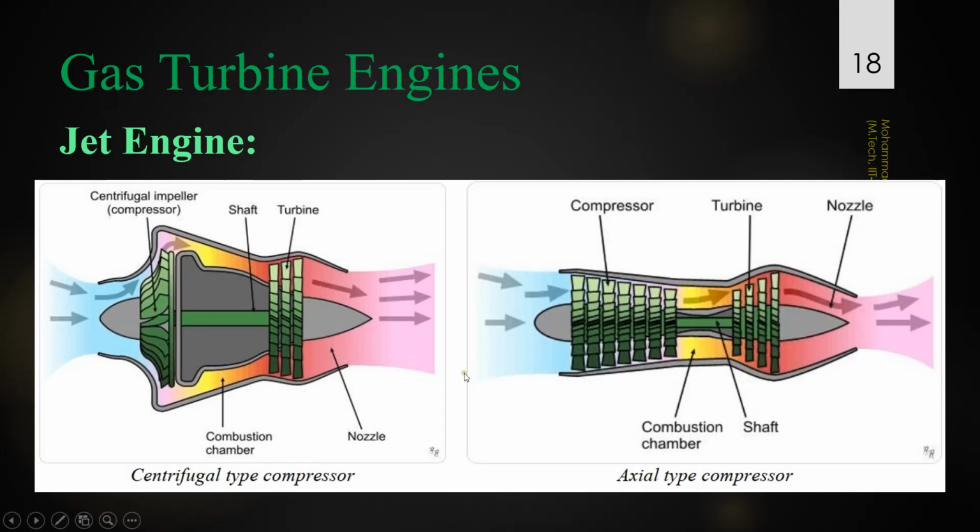In the axial case we don't have to have that. We can simply add more and more stages and get a very high compression ratio. Both types of compressors are available. Earlier the centrifugal type compressor was leading in aircraft engines, but now almost all are using the axial type of compressor.